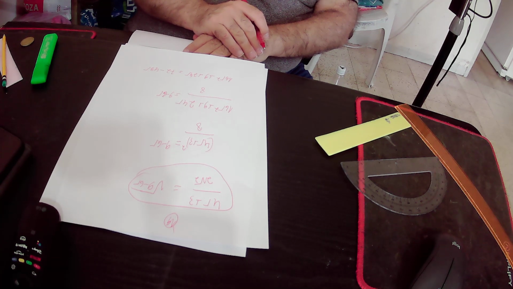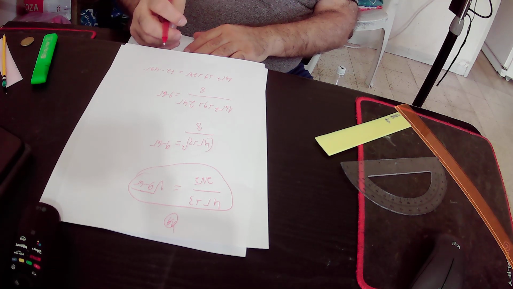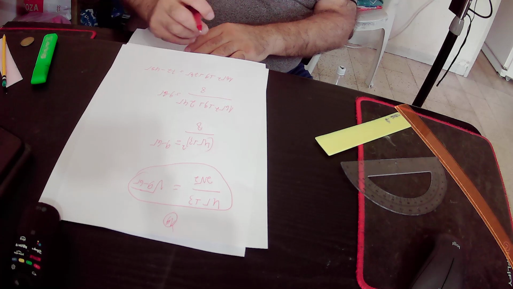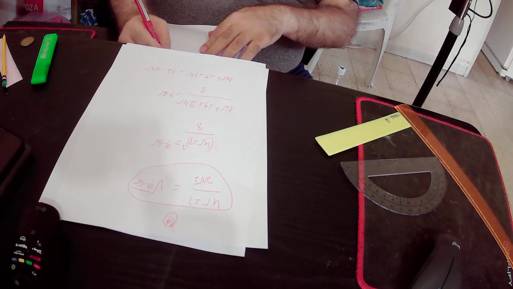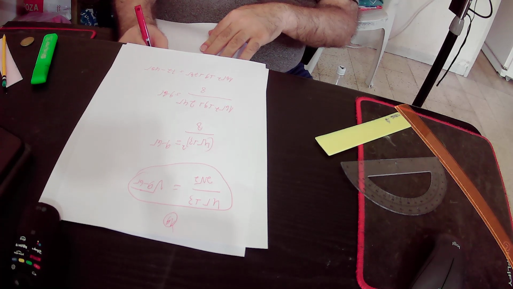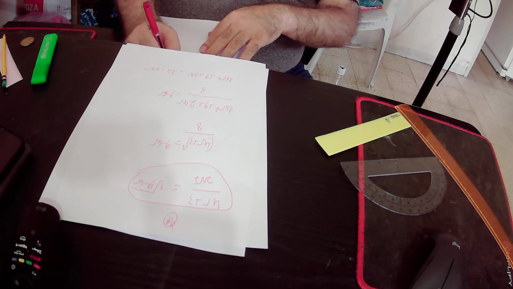So here we will add to this equality 48r. We will get that 16r squared plus 9. 48 plus 24 is 72.